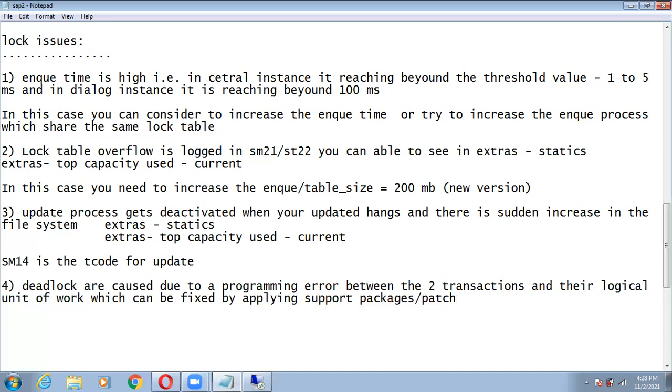If the issue is still not fixed after applying support packages or patches, then you need to raise an incident to SAP. Okay, understood?